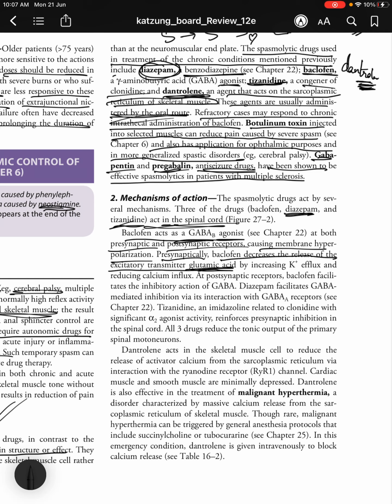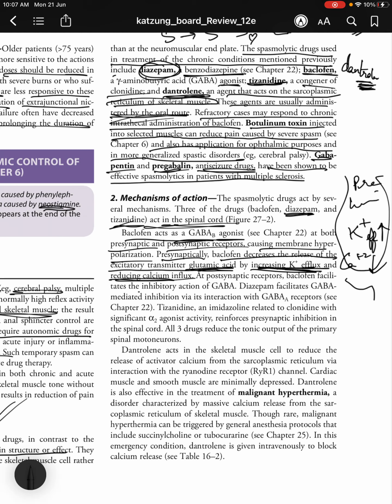Presynaptically, baclofen decreases the release of the excitatory transmitter glutamic acid by increasing K plus efflux and reducing calcium influx. So K plus efflux increases, calcium influx decreases, and it causes hyperpolarization at the presynaptic level. At postsynaptic receptors, it facilitates the inhibitory action of GABA.